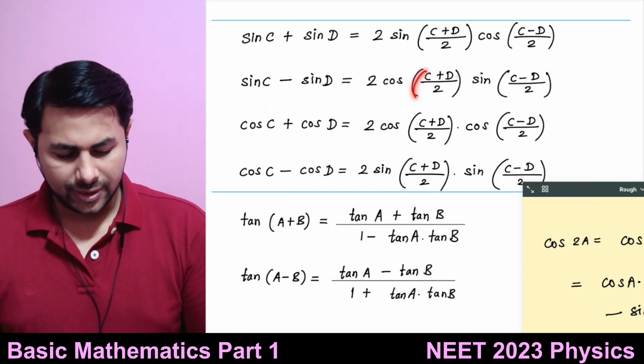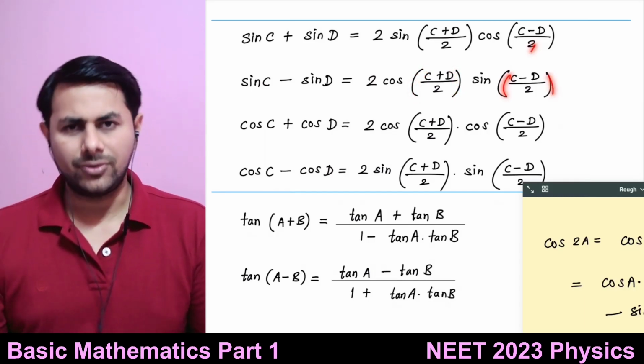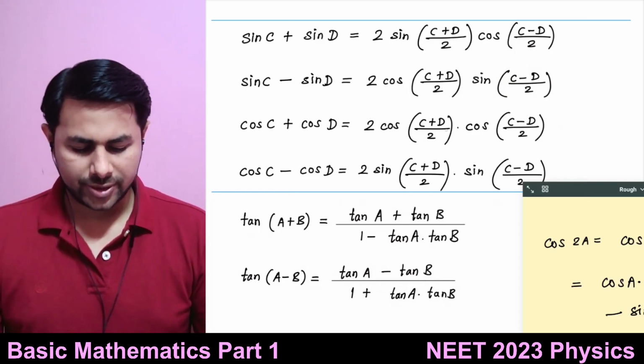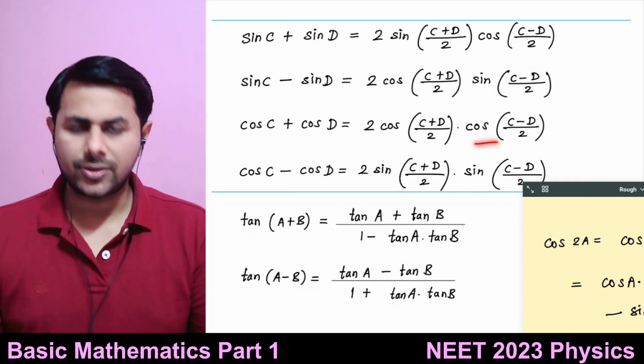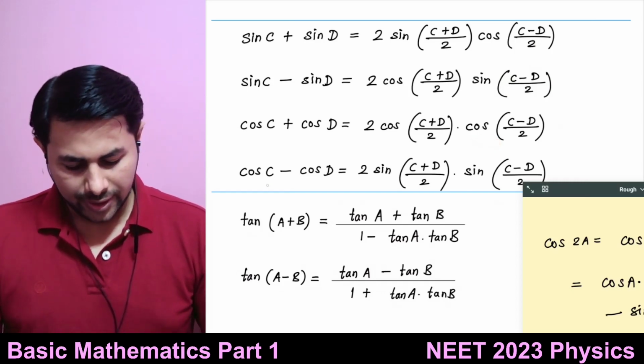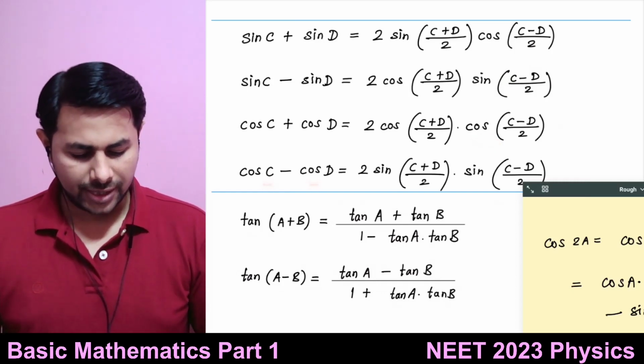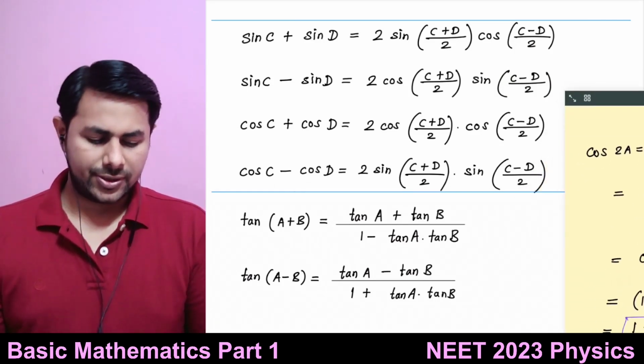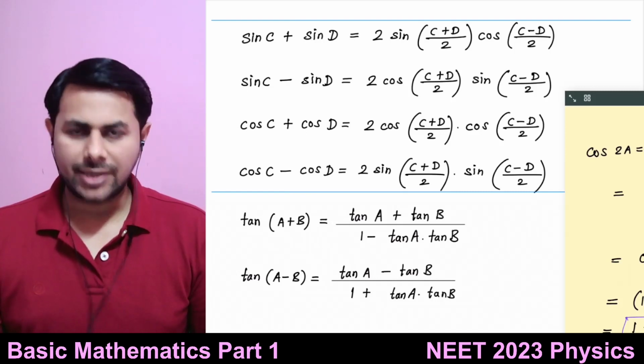Then cos c plus cos d is 2 times cos of c plus d by 2 into cos of c minus d by 2, and cos c minus cos d is 2 times sine of c plus d by 2 multiplied by sine of c minus d by 2.